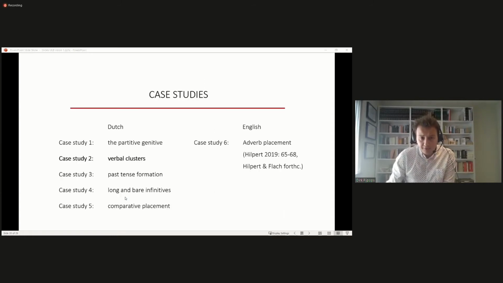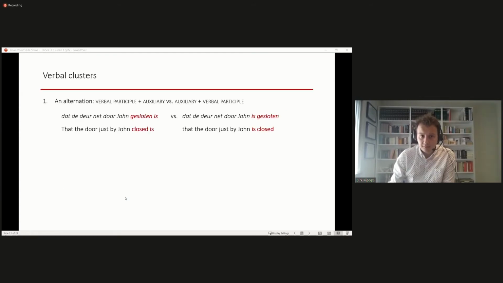All right, so that was our first case study. Now, as for a second case study, that looked into verbal clusters. So this is a word order alternation, basically, an alternation between an order where the verbal participle precedes the auxiliary versus an order where the auxiliary precedes the verbal participle. And you can find that alternation in subordinate clauses in Dutch.